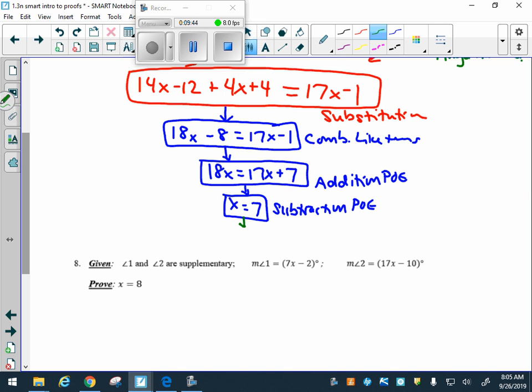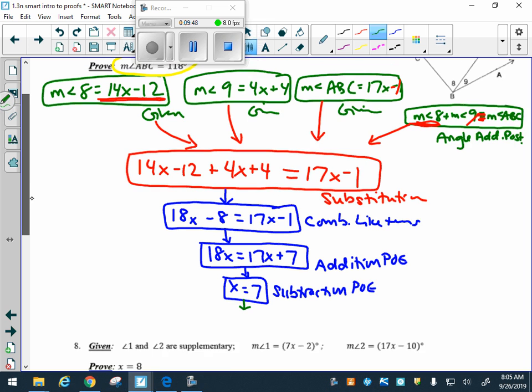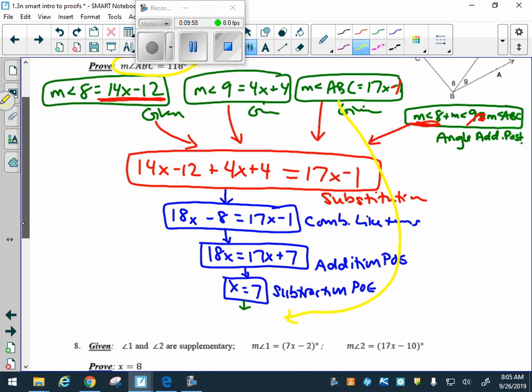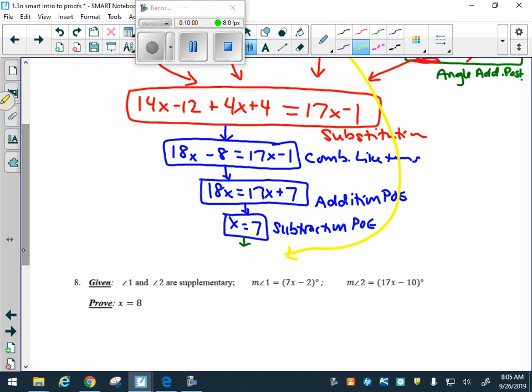This is going to come down and substitute in, but we also have to have an arrow coming from here. Right? Because that is what we're substituting into, measure of angle ABC. So we're going to write it like this. Measure of angle ABC equals 17 times 7 minus 1.